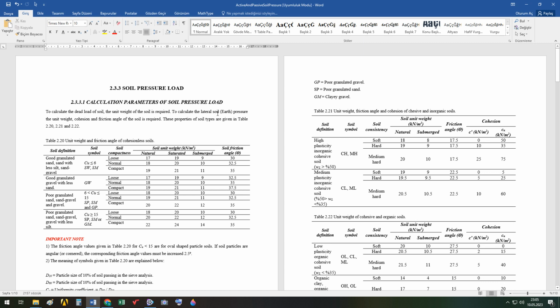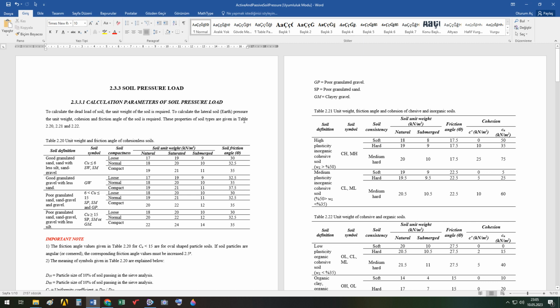To calculate these lateral earth or soil pressures and their corresponding resultant forces, the unit weight, cohesion, and internal friction angle of the soil are required. These three parameters are required as input parameters coming from the soil test.